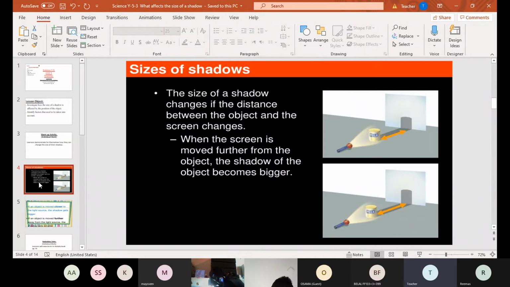When the screen is moved further from the object, the shadow of the object becomes bigger. Like Remas told me, when she moved the teddy bear away from the wall, the shadow was bigger. But when it is near to the wall, it is smaller.